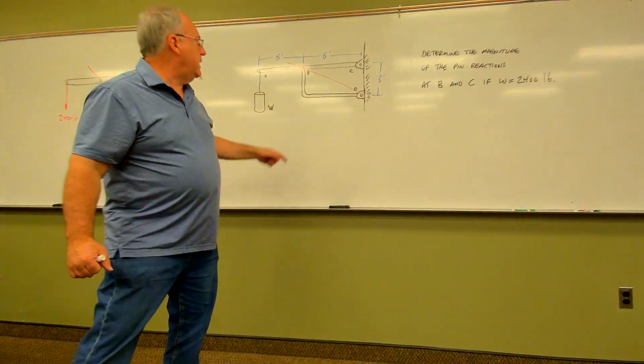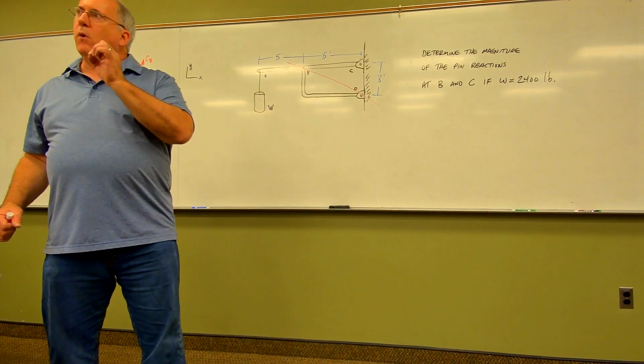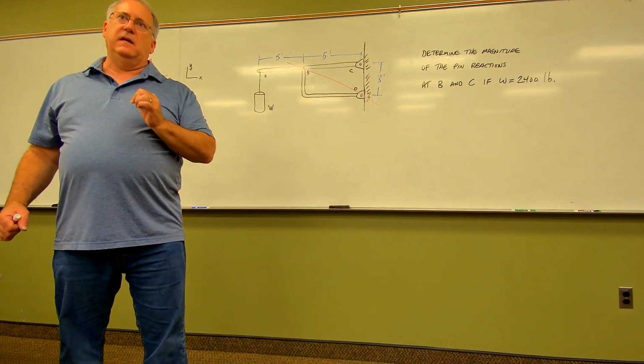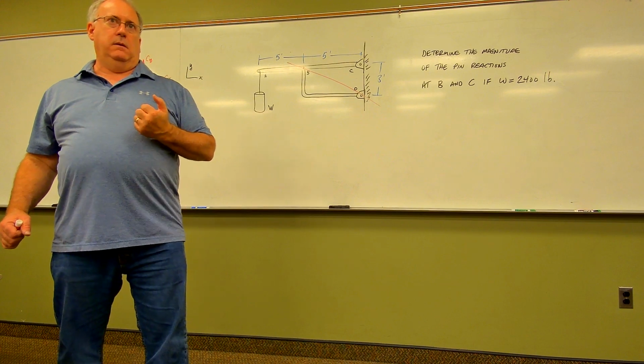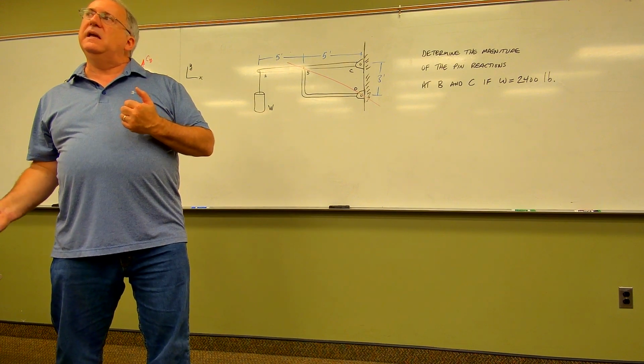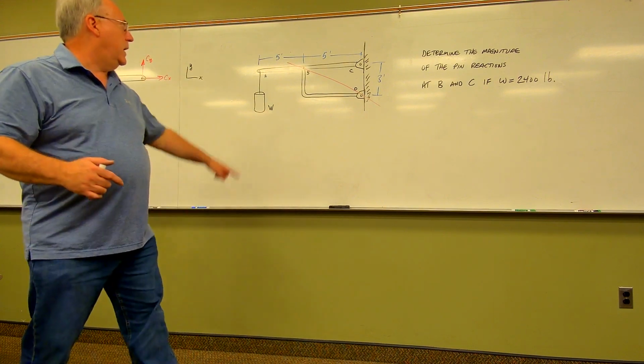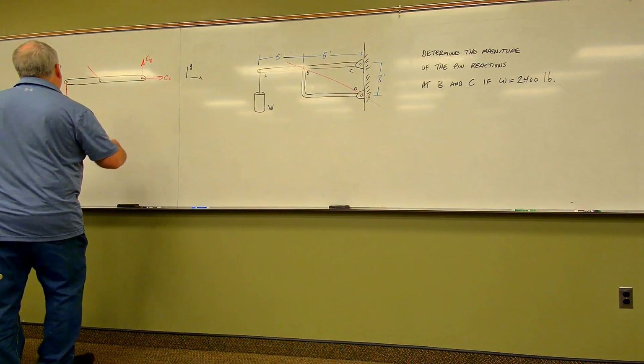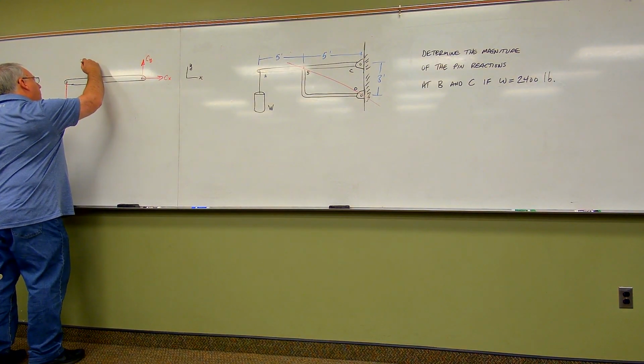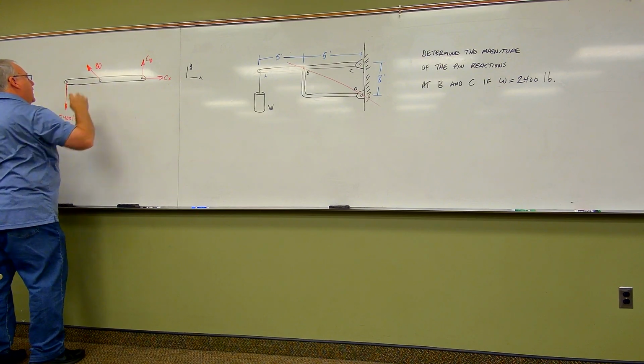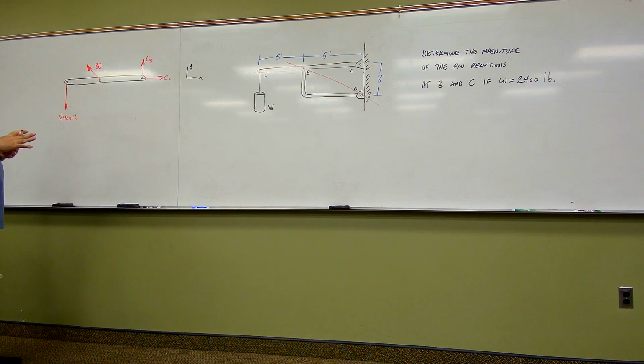So if the force acting upon BD is compressing it, then the force BD is reacting with on this member must be opposite of that, so it needs to be going outwards like so. So I believe that would be the correct directionality for BD.